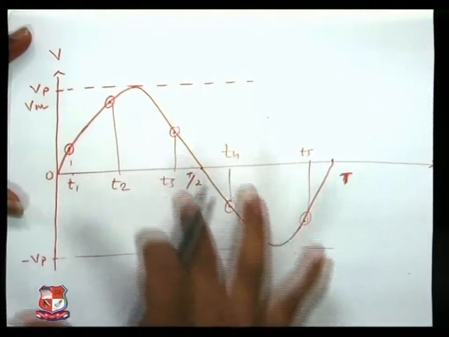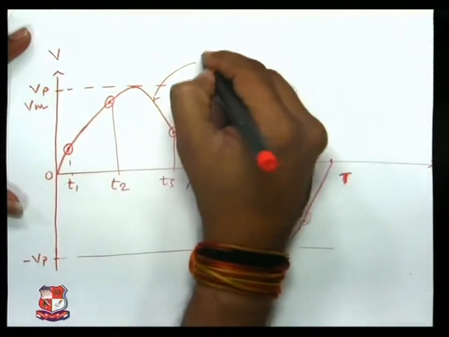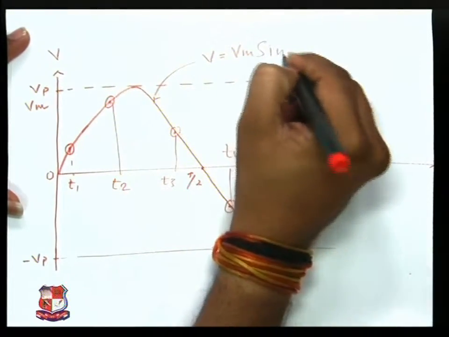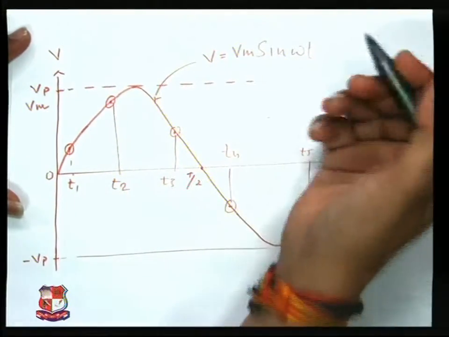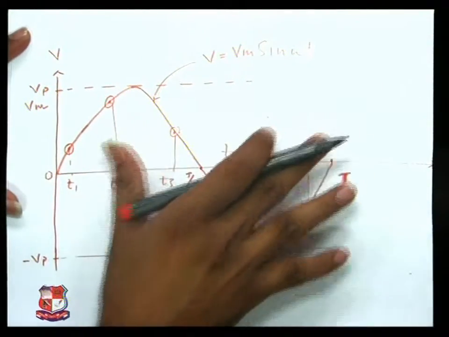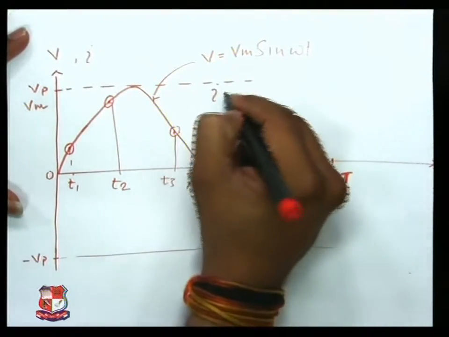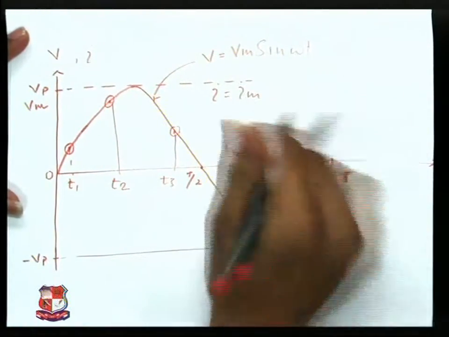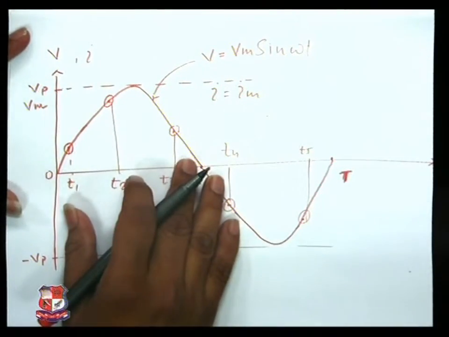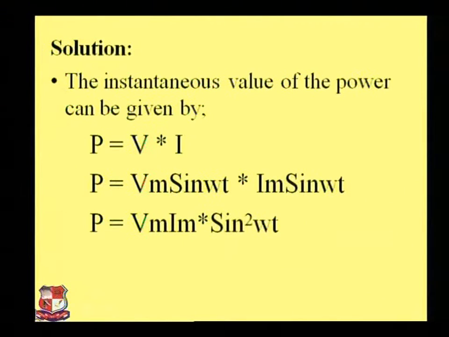So this is known as the instantaneous value. So we can write V equals Vm sine omega t, or you can say Vm sine theta. So this is the instantaneous value of the voltage. If you are talking about your current, then it's the same for your current, I equals Im sine theta, or I equals Im sine omega t. So this is known as the instantaneous value.